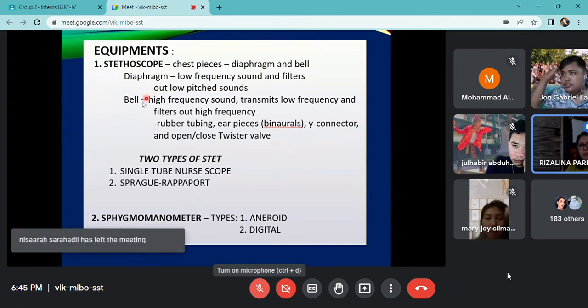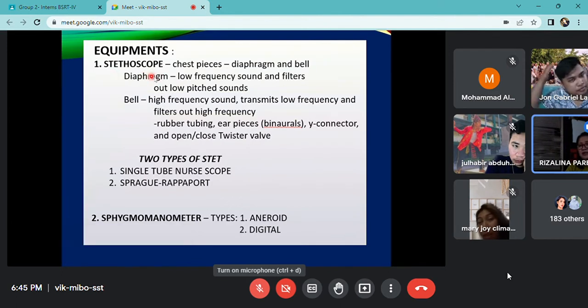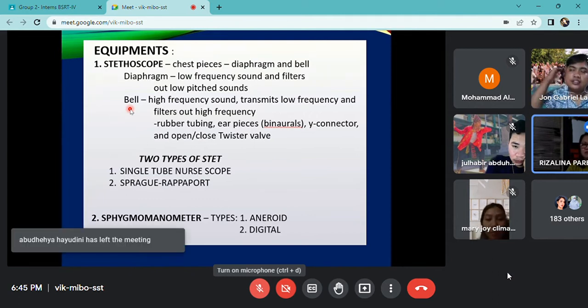So sa stethoscope, ang ginagamit natin, diaphragm pa rin naman, okay? Nilalagay natin yan dun sa brachial pulse. Yung bell naman, ginagamit natin to check for the apical pulse, for the PMI, point of maximum impulse.